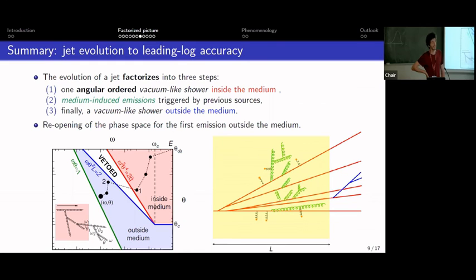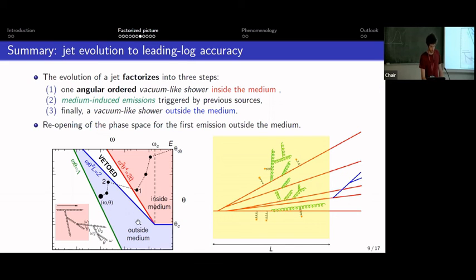Oh, hi, Paul. I'm just wondering, when you get outside the medium, which essentially depends on the propagation time, when you reach that point, what is actually the scale that is responsible for the vacuum shower again, the typical scale, like Q squared?